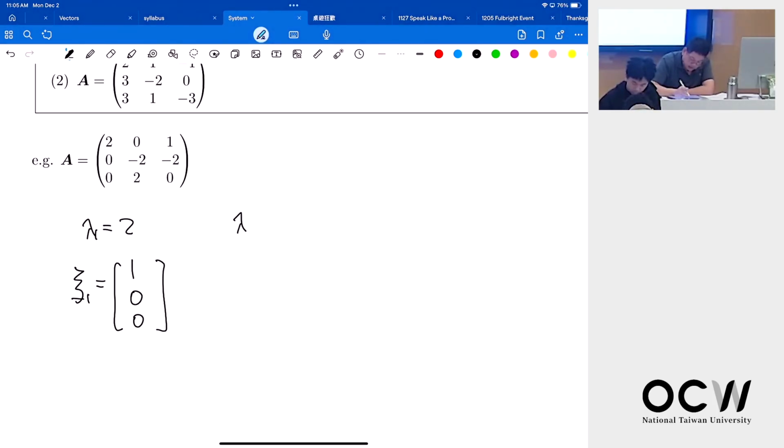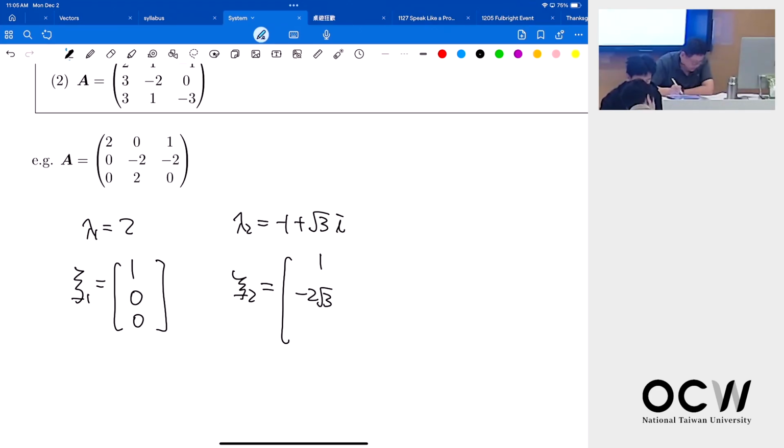The second eigenvalue is -1 plus square root of 3i. Then the associated eigenvector is (1, -2 square root of 3i, -3 plus square root of 3i).